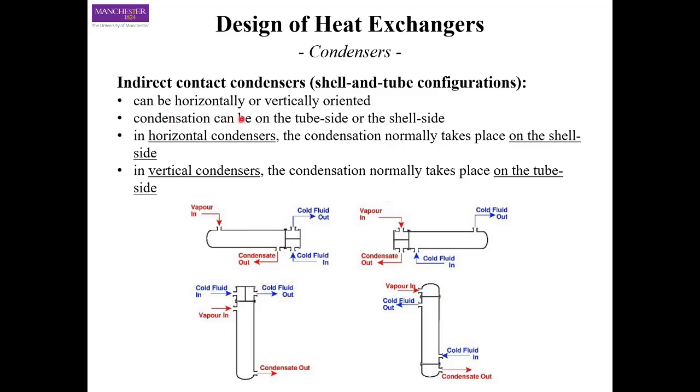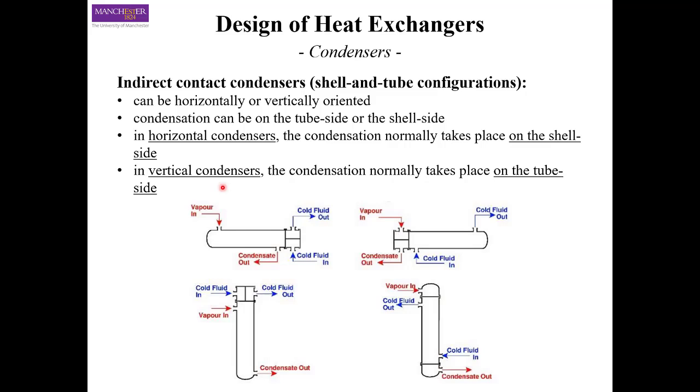And the condensation can be either on the tube side or on the shell side. And heuristics normally tell us which side we should have the hot fluid or the cold fluid. So if you have horizontal condensers, like for example here, most of the time we put the condensing fluid, like the vapors, on the shell side of the shell and tube heat exchanger, and then we have the cold fluid on the tube side.